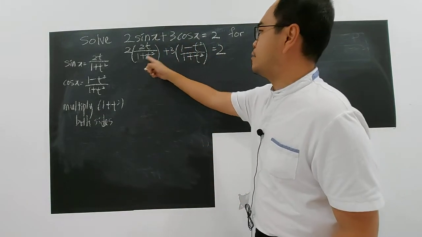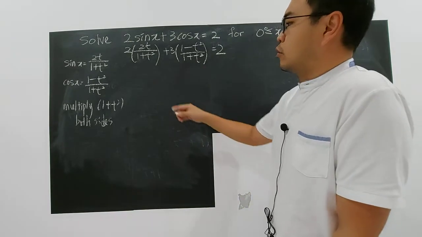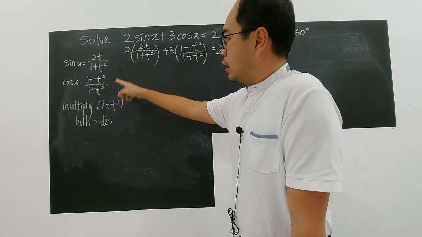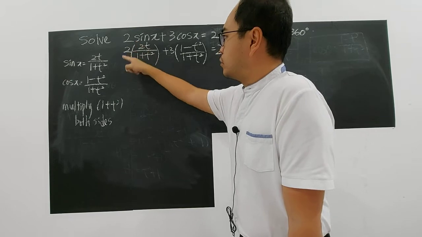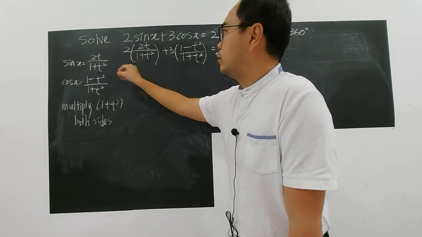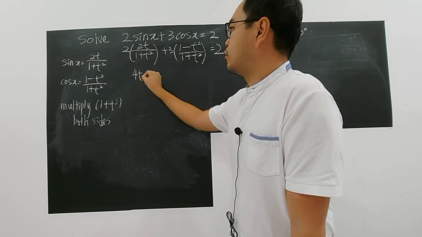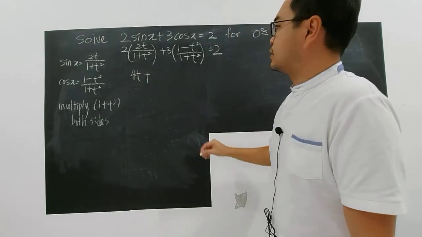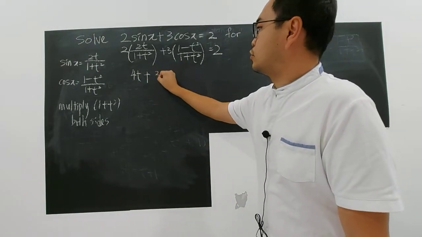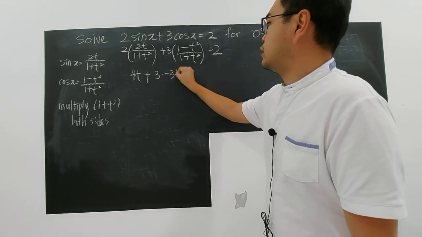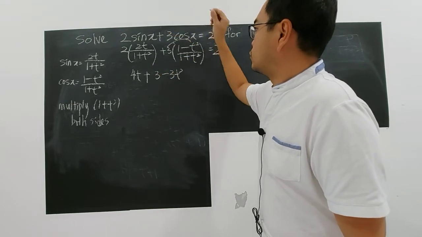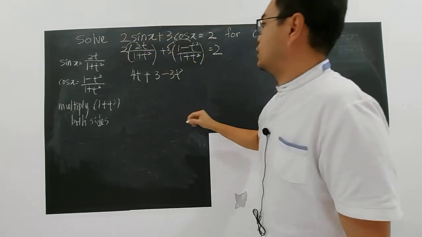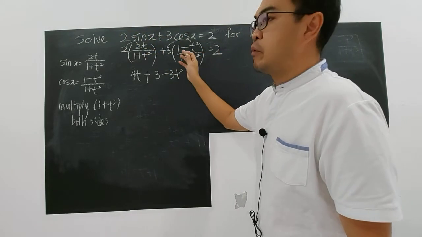Why do I do that? Because I'm going to eliminate the 1 plus t squared. Can you imagine that you multiply this by 1 plus t squared, so you cancel out, and you get 4t? Plus this one, you also multiply by 1 plus t squared, so you get 3 multiplied by 1 minus t squared.